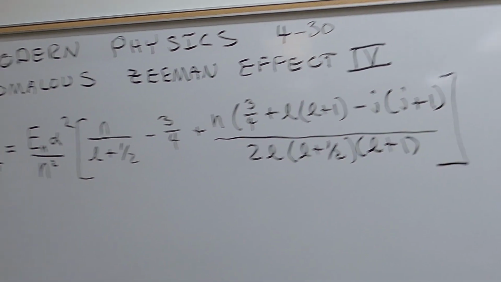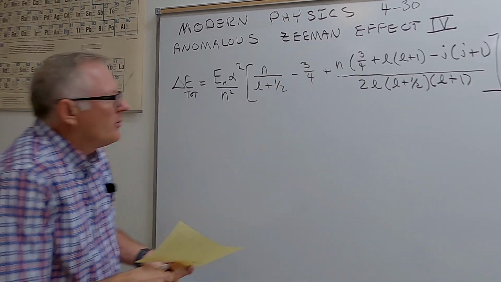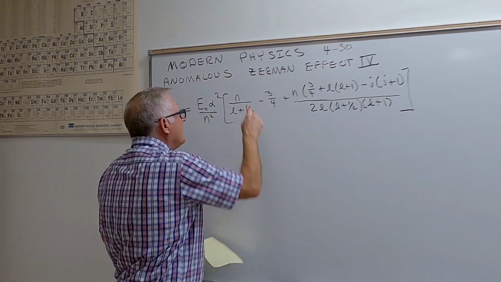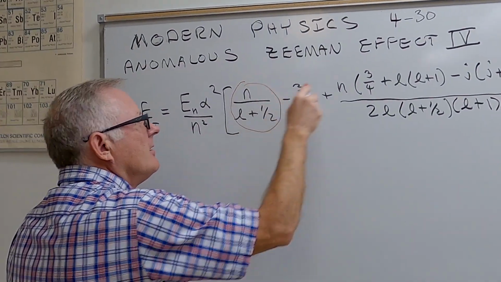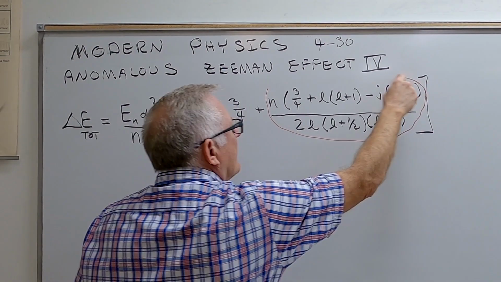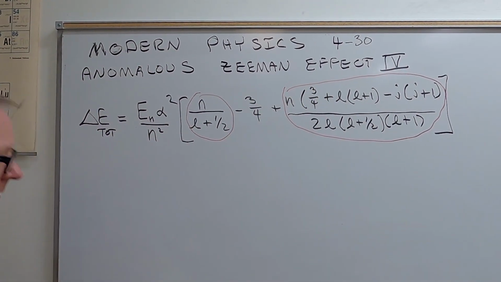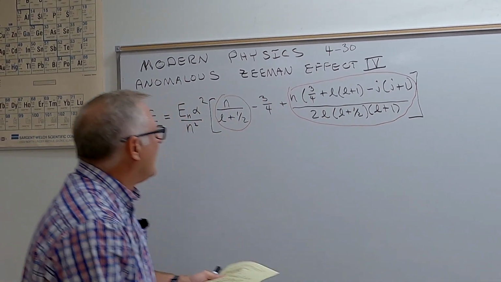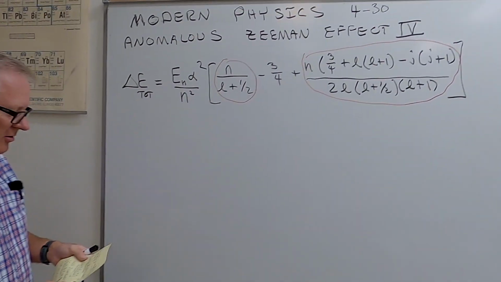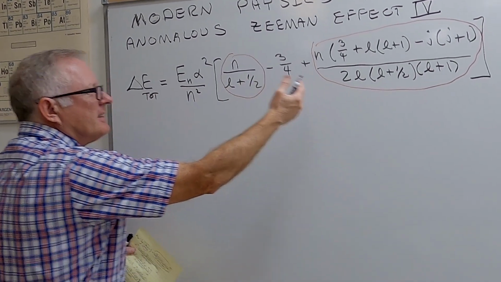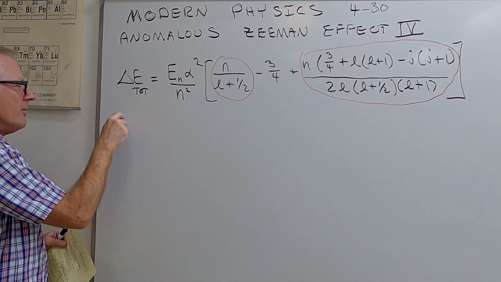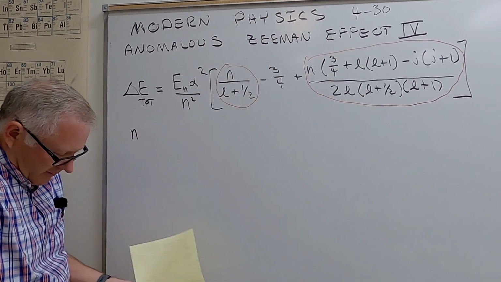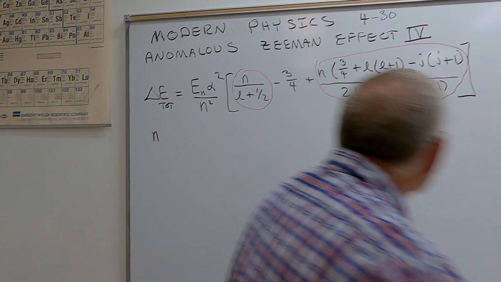We should be able to simplify this. Just so I don't have to carry everything around, I'm going to simplify these two put together, because the minus 3/4 is pretty much already simplified. So I'm just going to pull out the 2 in the circle right there. There's an n that I can pull out, so this is just the total encircled right here. Let me write it like this.